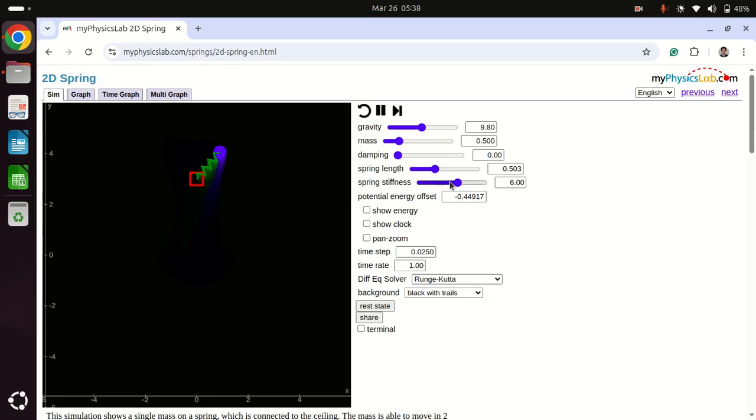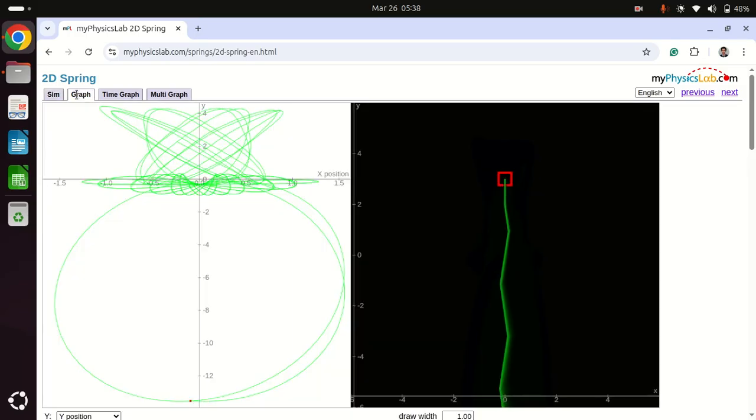And now let me reset this and decrease the stiffness, and then run the simulation. Now because k is less, the extension is very much bigger.